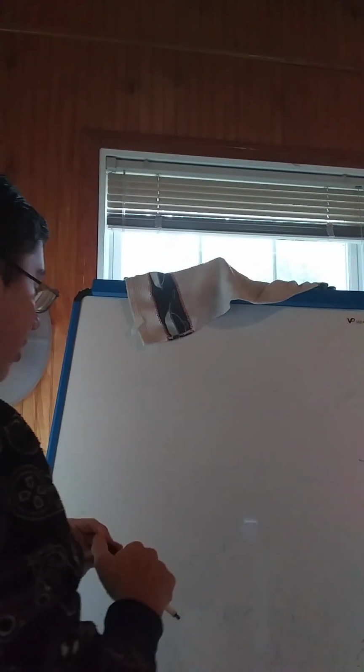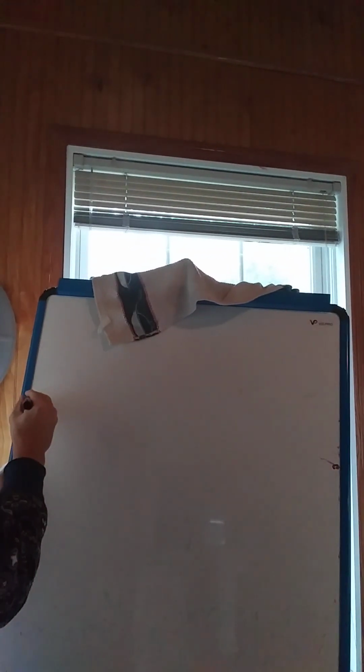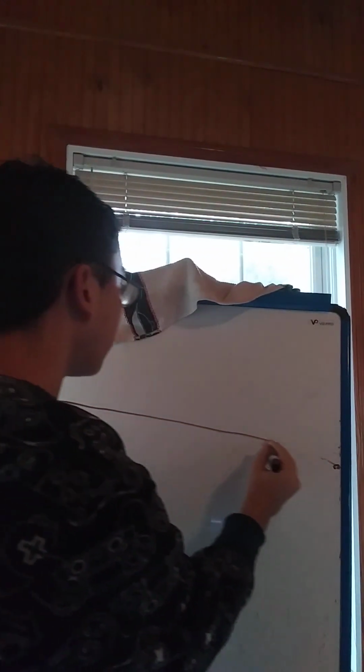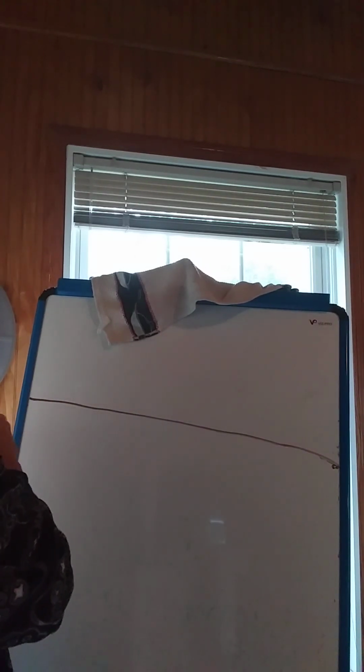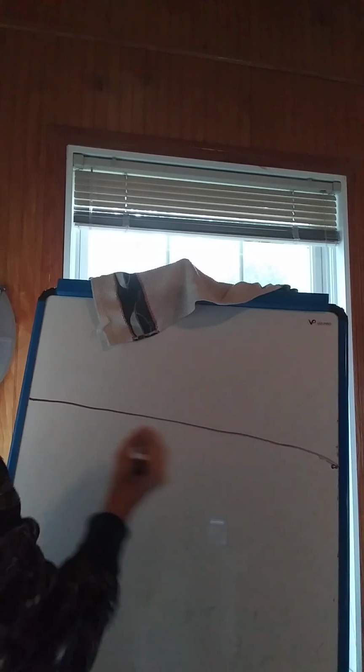Obviously we start out by drawing a line, just like this. Our mind and eyes go from left to right. So over here we start at the back and go forward.